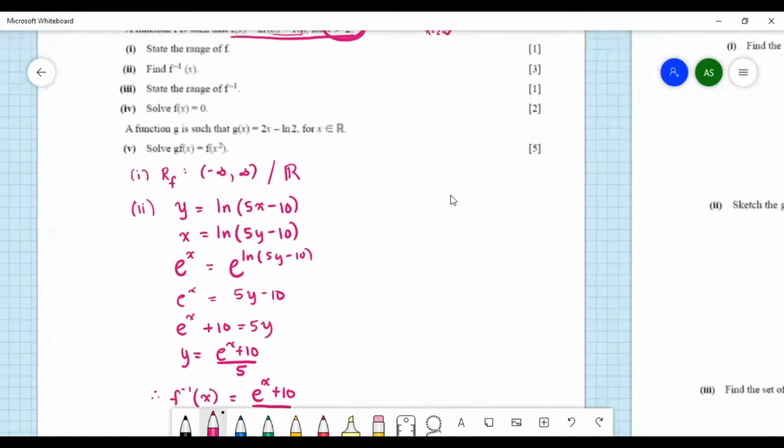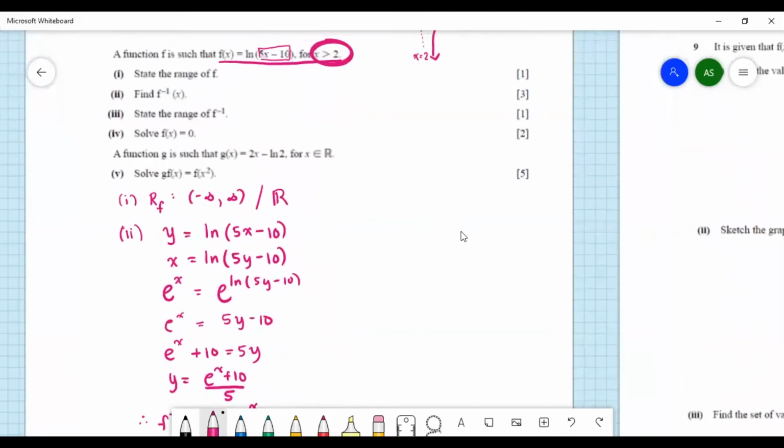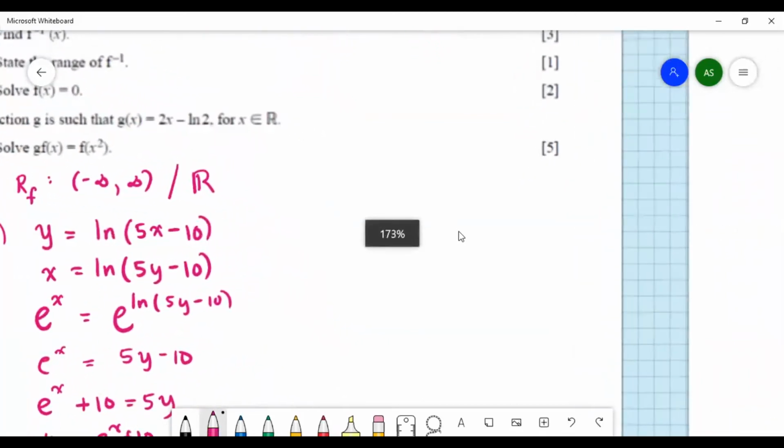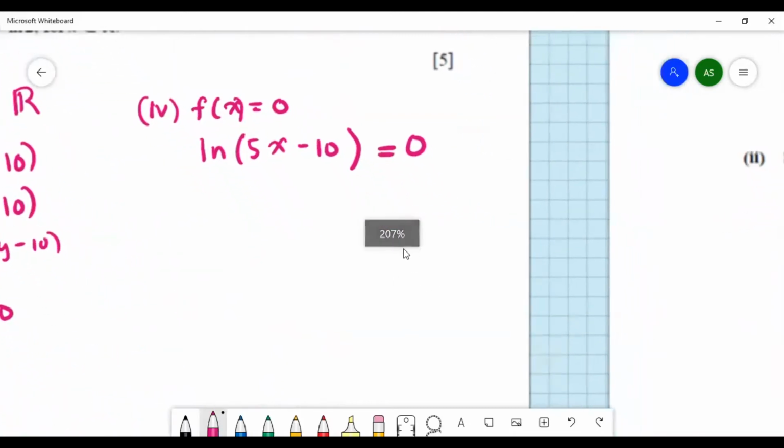Part 4. Solve for f of x is equal to 0. So therefore, we are solving f of x is equal to 0. Our f of x is given by ln of 5x minus 10 is equal to 0. Right? So when will this happen? When we have a ln, we put this as e.